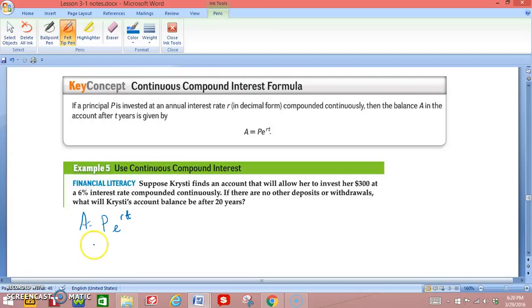Okay, so A equals, our principal still 300, E to the R is still in decimal, so 0.06 times 20. And if you put that in your calculator, use your E button, you will get $996.04. So be sure you try it on your calculator.